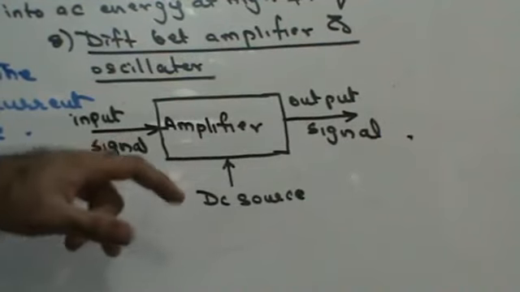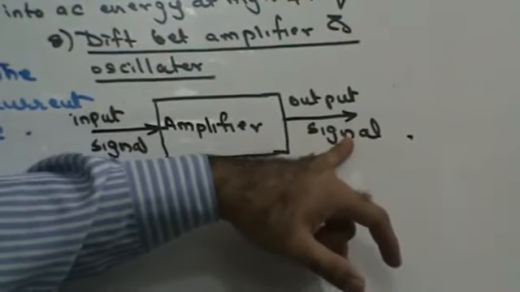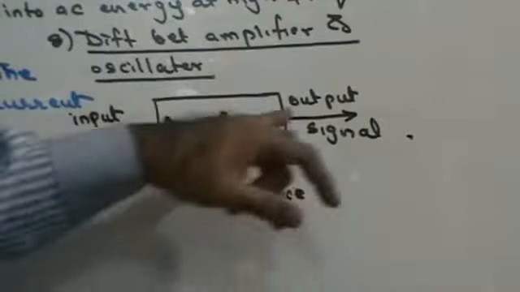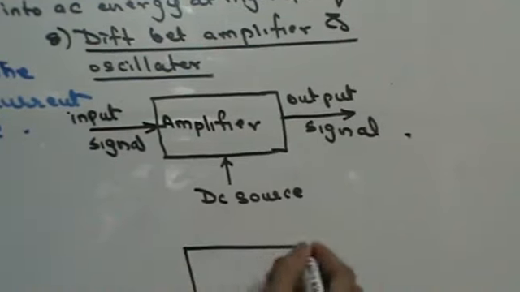Here you have a DC source which is converted into AC, but what will be the waveform, frequency and magnitude of the AC power generated is controlled by the input signal. So you can control this. Fine. Whereas in an oscillator, let's see the block diagram of an oscillator.